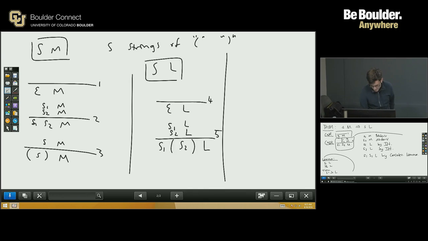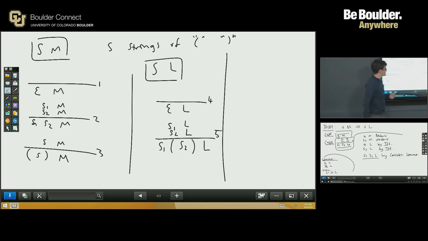And now I've got exactly what I wanted. That matches that, except I've basically replaced the M with an L. Any questions about that case?